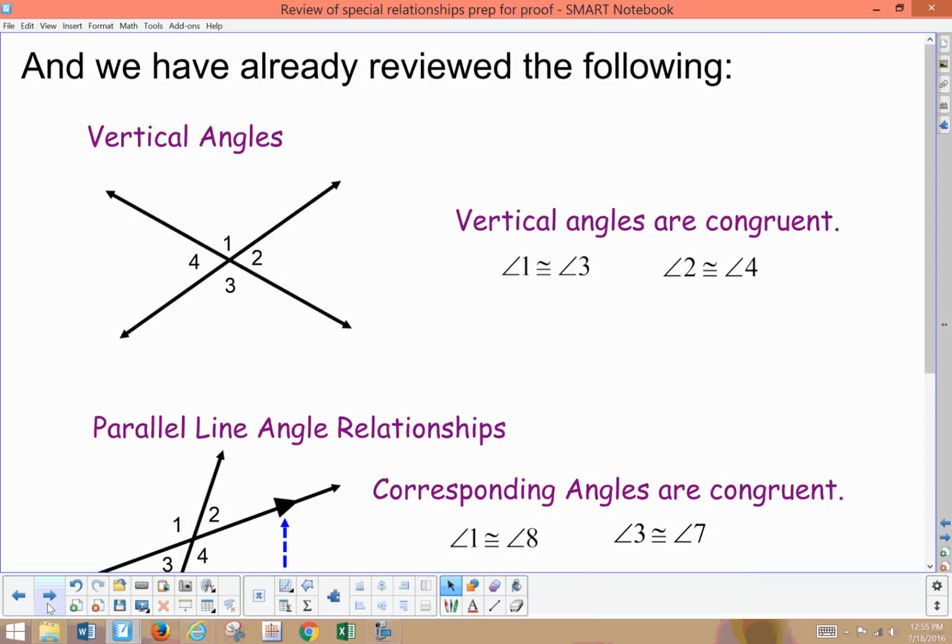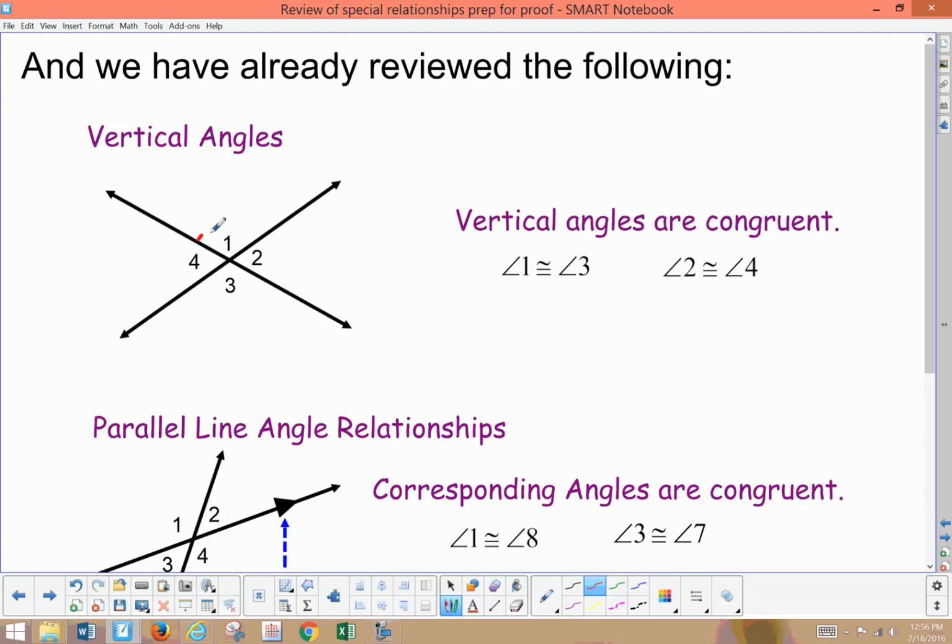Now I also want to remind you that we've already earlier in our lessons learned about other special angles that have relationships of congruency, like vertical angles. Remember, vertical angles are congruent. Vertical angles occur when you have two lines that make either an X or a cross, but they go completely over each other.